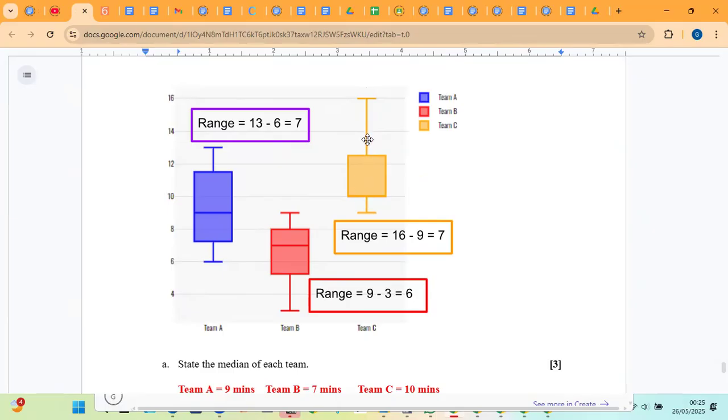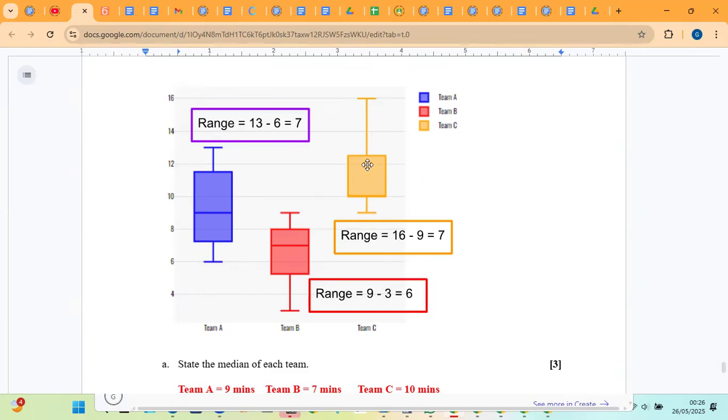So the skewness is towards the highest set of values. That's positively skewed. Okay, so that's the lowest to the highest. So therefore the skewness for team C is towards the right, towards the positive direction, towards the higher set of values. That's where the skewness is.